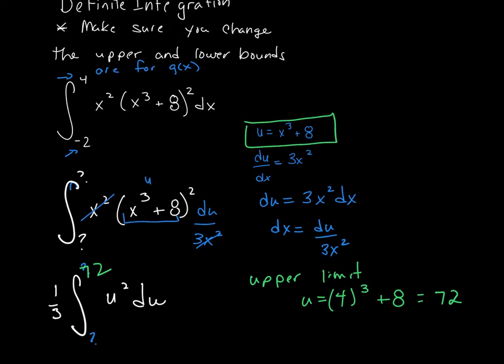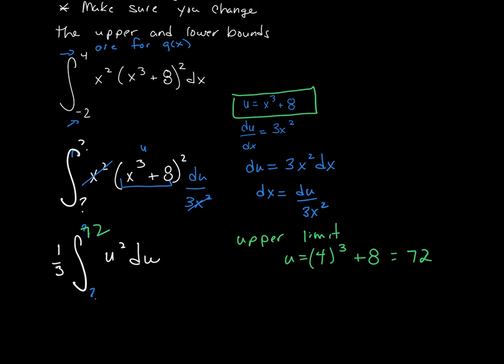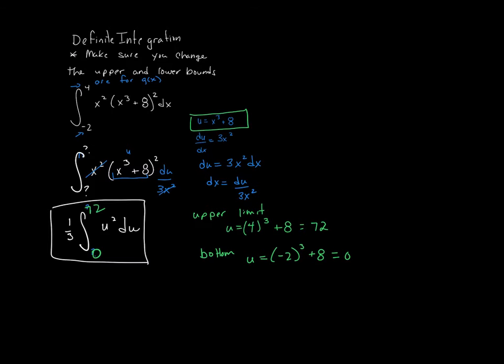And then the bottom limit gives me -2 to the third power plus 8, so that is equal to 0. So the 1/3 just stays out front.